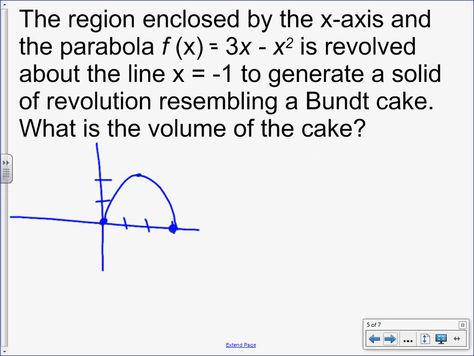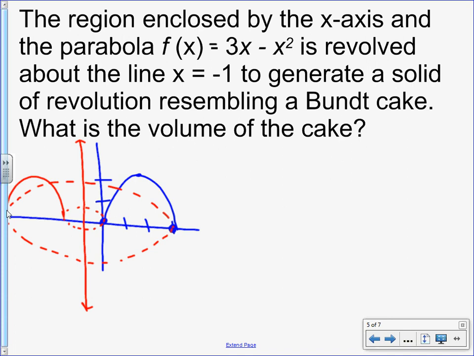Thank you, Lena. Okay, so here is the line x is -1, and here's our region. We get a bundt cake. Not a very good representation of a bundt cake, but you get the idea.